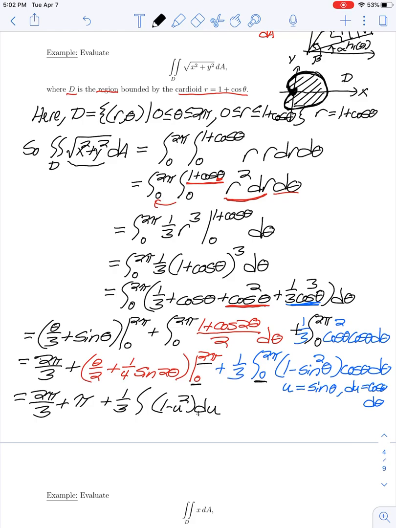And then let's change our theta values to u values. Now if theta is equal to 0 or 2 pi, u, which is sine of theta, would be 0 for both our upper and lower limits. So recall, if you're integrating over an interval of 0 length, that is from 0 to 0, the value of this integral is 0. So we're left here with just 2 pi over 3 plus pi, which leaves us 5 pi over 3 total.